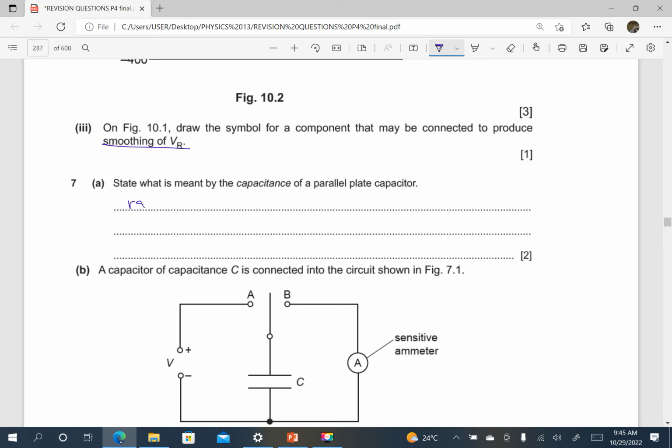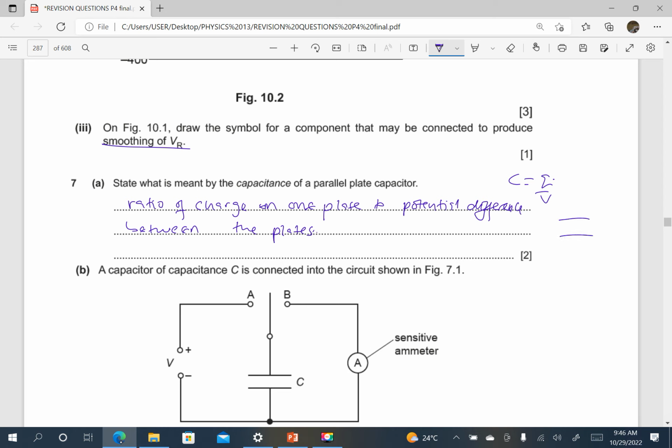So capacitance is the ratio of the charge on one capacitor plate, because total charge between the two capacitor plates is 0, to the potential difference between the plates.